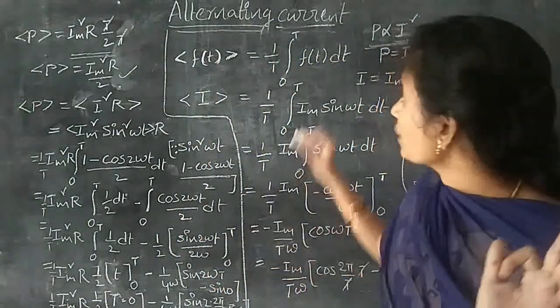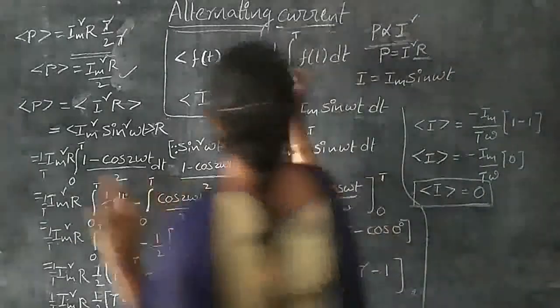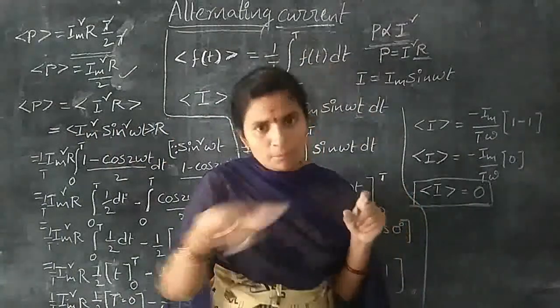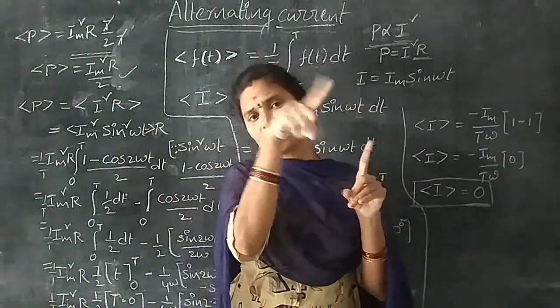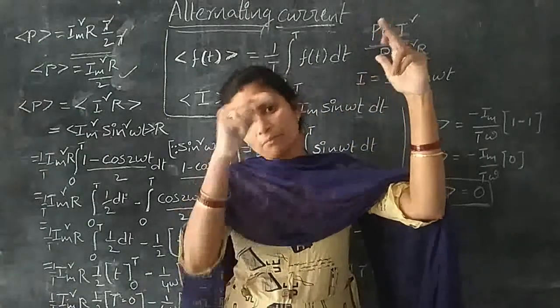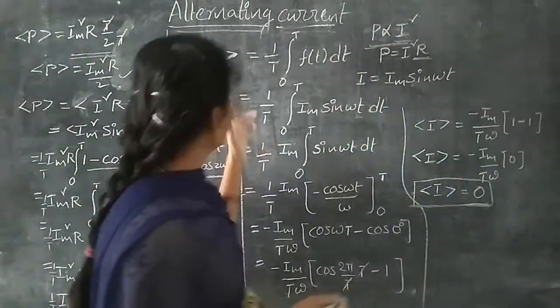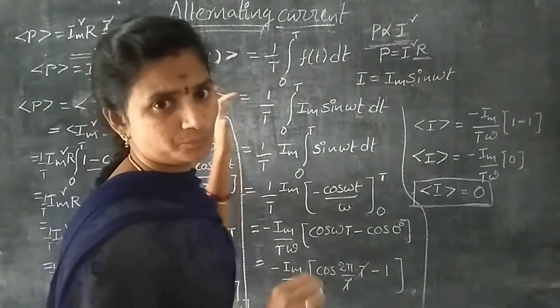So how can we calculate that? Suppose we know that for a sine wave, over one complete oscillation the average value is Im minus Im, which is nothing but 0. Prove that the average value of current is 0.